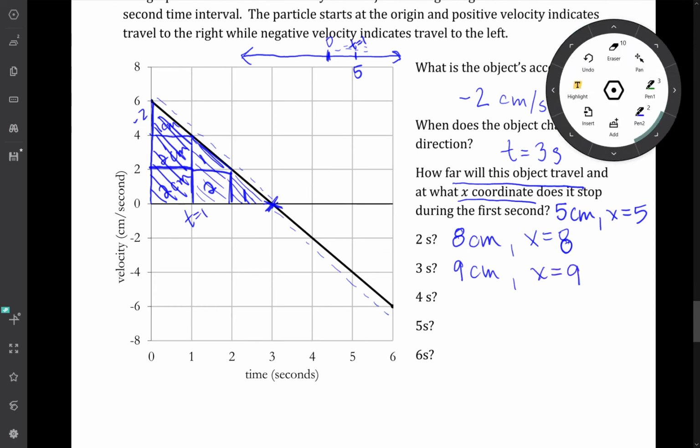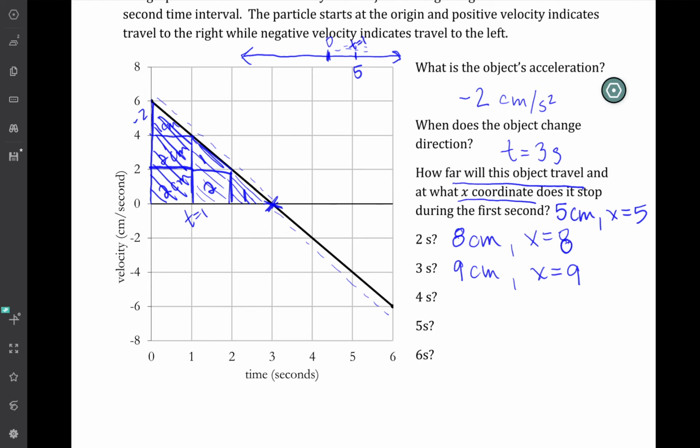Okay, here's where it starts to get a little bit more interesting. Now we are traveling to the left. So if our velocity is -2 centimeters per second, and our distance is 1, and then we have to cut that in half, this has an area of 1. But that means we've traveled 1 to the left.